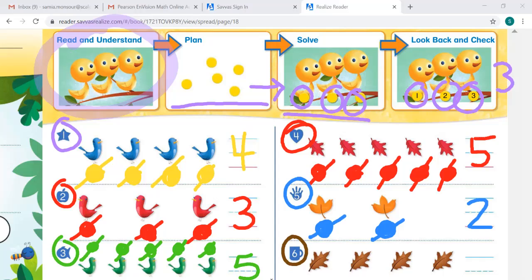Number 6. So I'm going to get my counters, and I'm going to put them right here. All right, let's count our counters now. 1, 2, 3, and 4. 4 leaves. All right, good job, superstars.